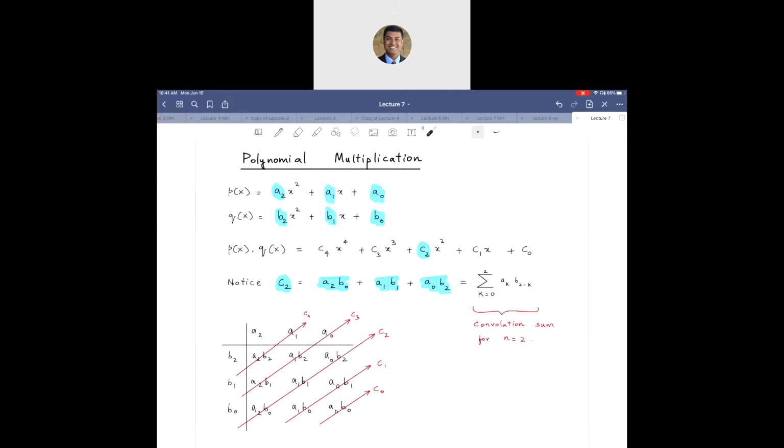Now you see it is not one-to-one multiplication here. The cross products are also appearing, which is similar to what we see in the discrete convolution of shifting, multiplying, adding, and so on. So this is one more way for you to visualize convolution.